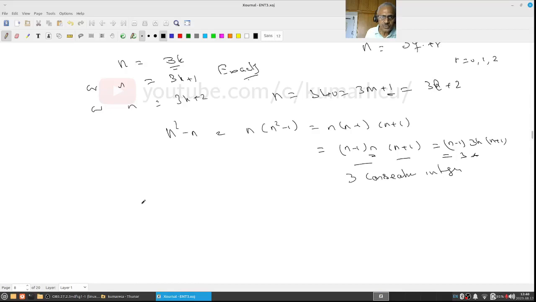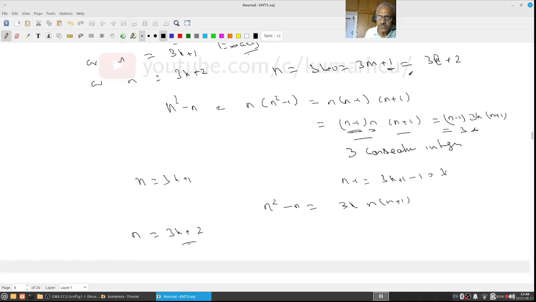Okay, suppose n equal to 3k plus 1, then n minus 1 will be 3k plus 1 minus 1, which will be 3k. Therefore again n squared minus n will be 3k into n plus 1. And suppose n equal to 3k plus 2, now I will use n plus 1, which will be 3k plus 2 plus 1, which is 3 into k plus 1, right?